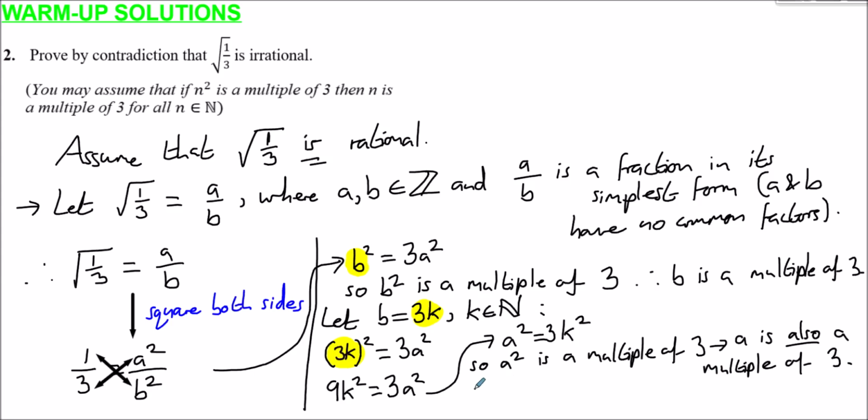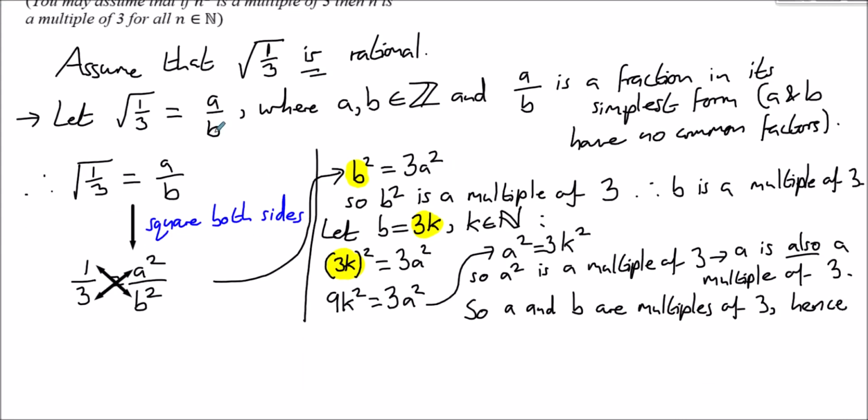So now a and b are multiples of 3. Hence, because of this fraction here, a over b, that is never going to be a fraction in its simplest form.